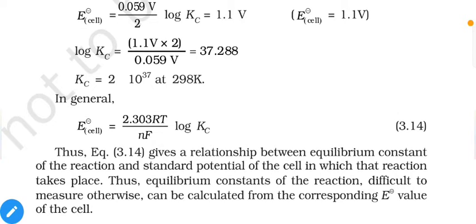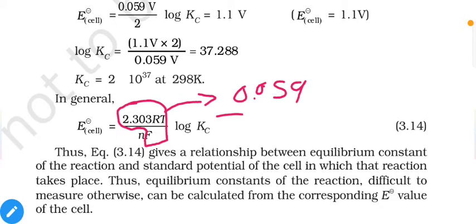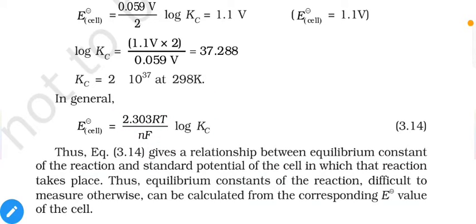And the other thing to remember is that 2.303 RT upon F is equal to 0.059. It will reduce time for the calculation. So thus, if calculation of the equilibrium constant is difficult, then you can calculate it using this method.